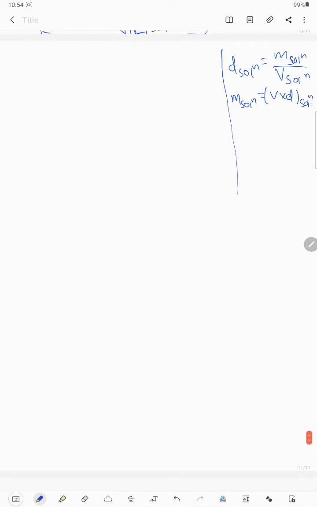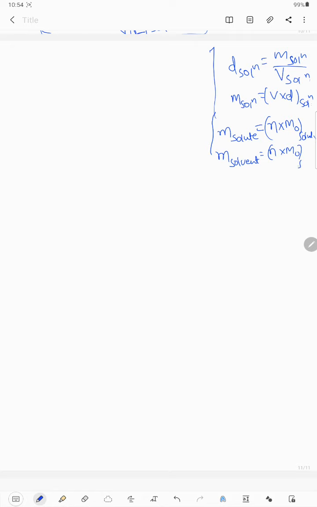Now one more thing, mass of solute is equal to number of moles into molecular mass of solute, as I already told you. Then mass of solvent is equal to number of moles into molecular mass of solvent.